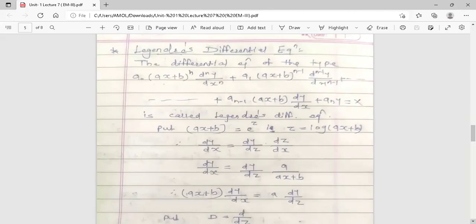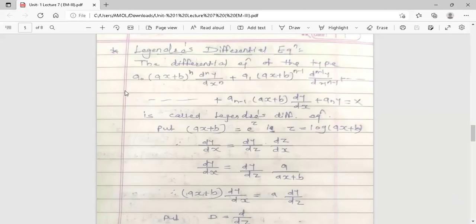First, see what Legendre's equation is. The differential equation of the type a naught into (ax plus b) to the power n into d^n y by dx^n plus a1 into (ax plus b) to the power n minus 1 into d^(n-1) y by dx^(n-1) plus up to an y is equal to X is called Legendre's differential equation.